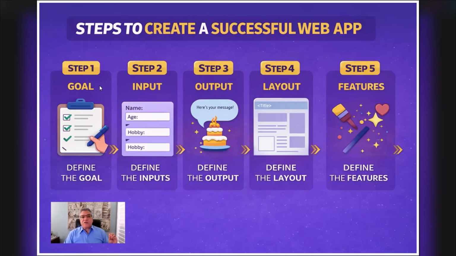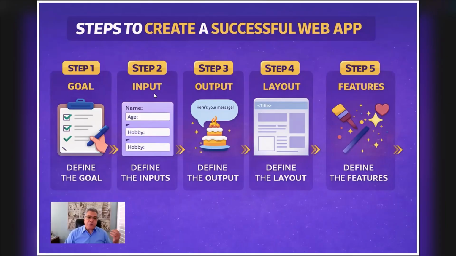Once you know the goal of the app, then you go into step number 2, which is the input. For the input, you have to ask your customer to put in a lot of information, so that the output becomes a good output or a good response.